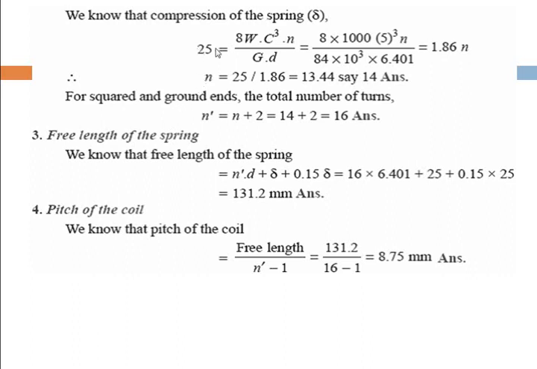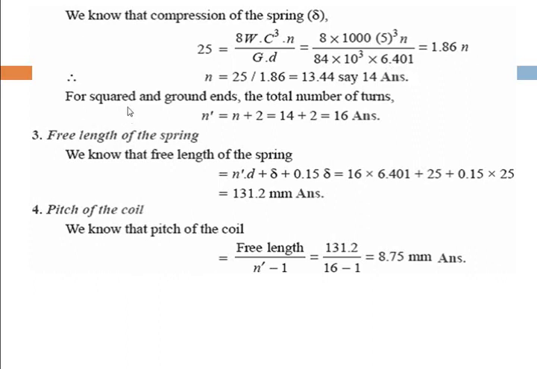Next we need to find out the number of turns of the coils. We know that delta is equal to 8WC cube n by Gd. All the values are given. By substituting these values we can find out the n value.